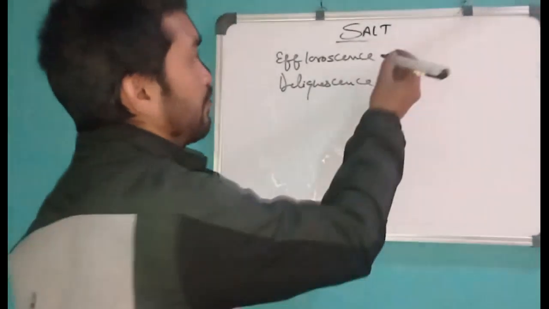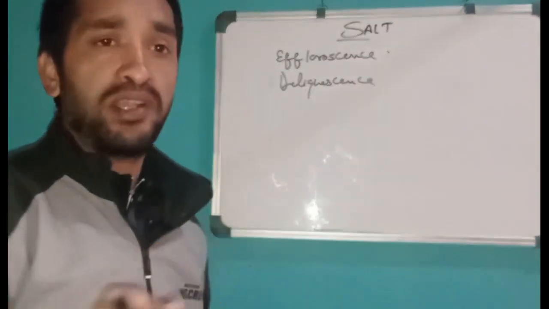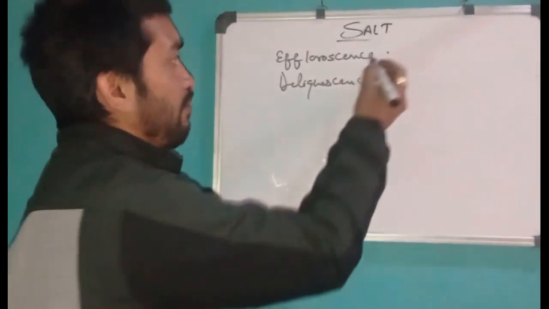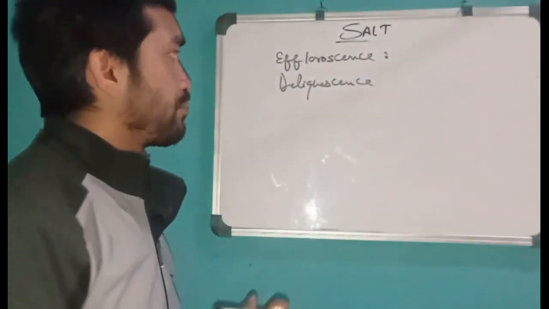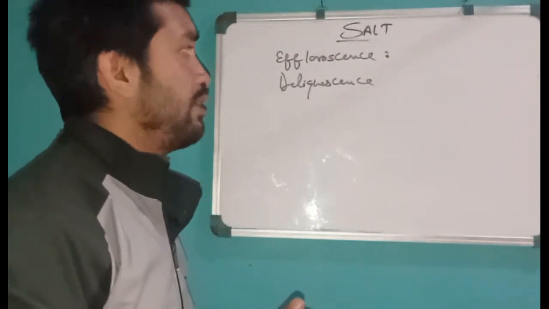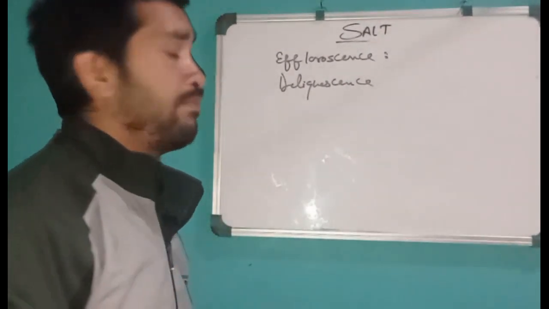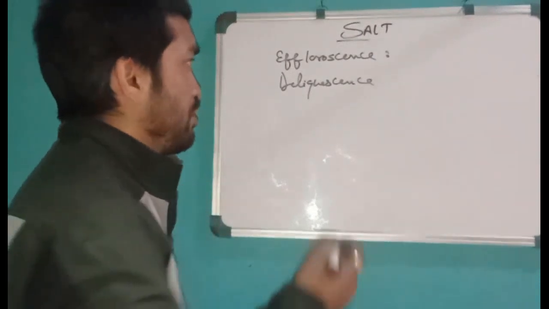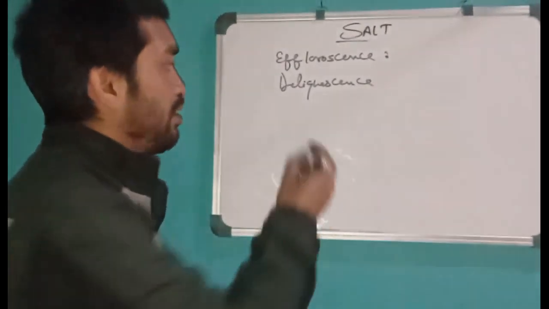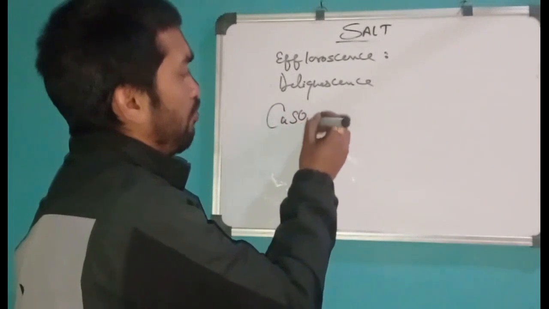Efflorescence means, let us talk about a material first, then we'll talk about salt. Efflorescence means a material which loses its loosely combined water and changes into a powdered form. It will lose its water, like copper sulfate pentahydrate.